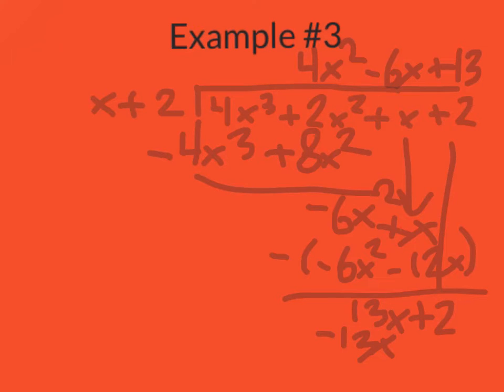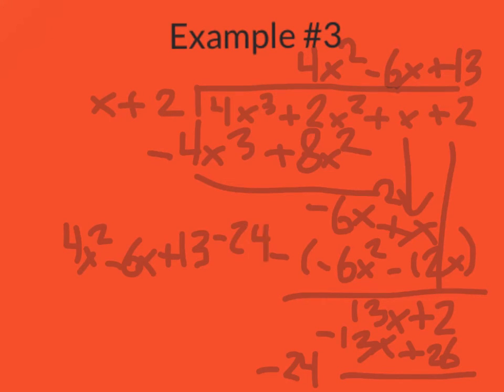And then we have 26. So 2 minus 26 is negative 24, so that is our remainder, and I will write it over here. So that leaves us with the answer of 4x squared minus 6x plus 13 minus 24 over x plus 2.